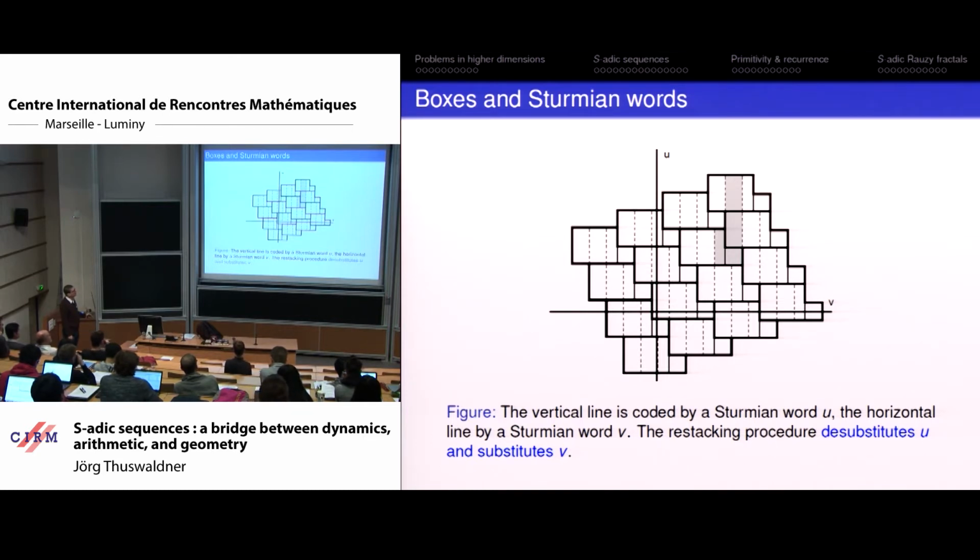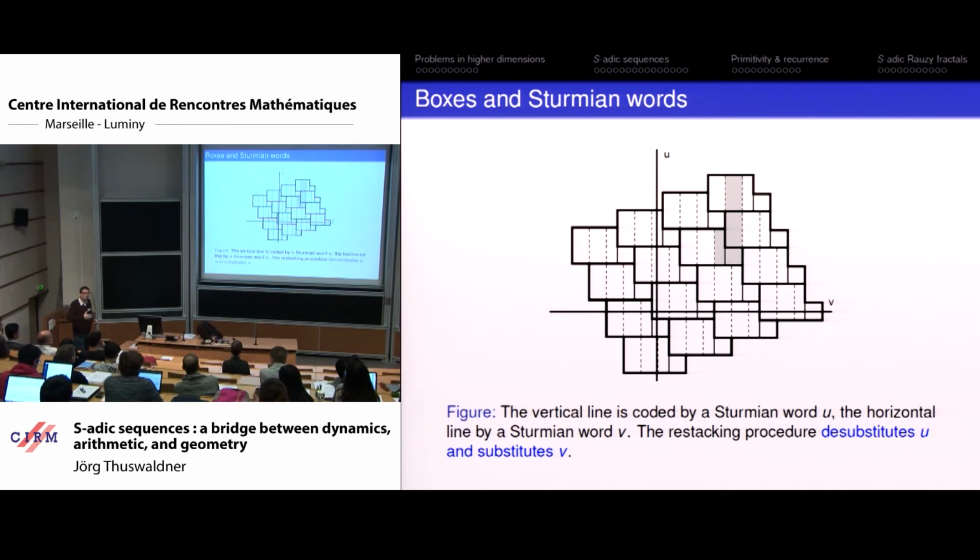If you mark some arbitrary point, then you can go up and you can go to the right. When you go up, you hit horizontal lines. Whenever you hit a horizontal line that belongs to a large rectangle, you write out 1. Whenever you hit a small rectangle, you write out 2.